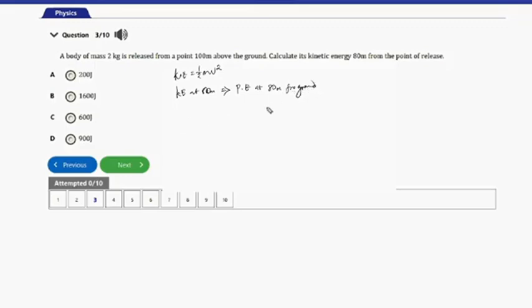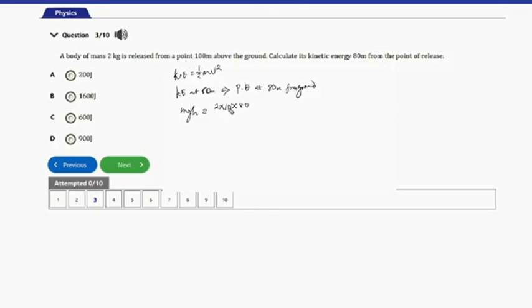So that will give us that the kinetic energy is equal to the potential energy. So in this case, mgh is equal to the mass, which is the 2 kilogram, times the acceleration due to gravity, which is 10 meters per second square, then times the height, which is 80 meters.